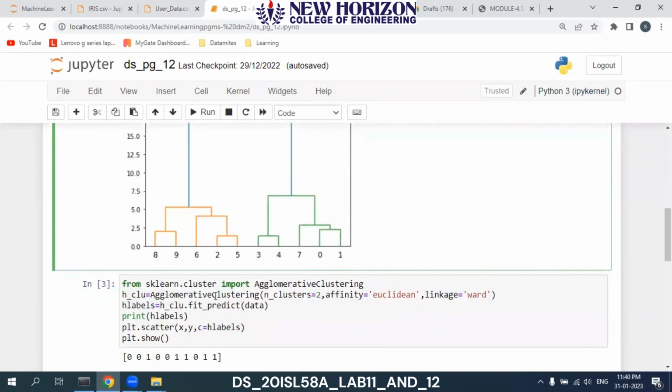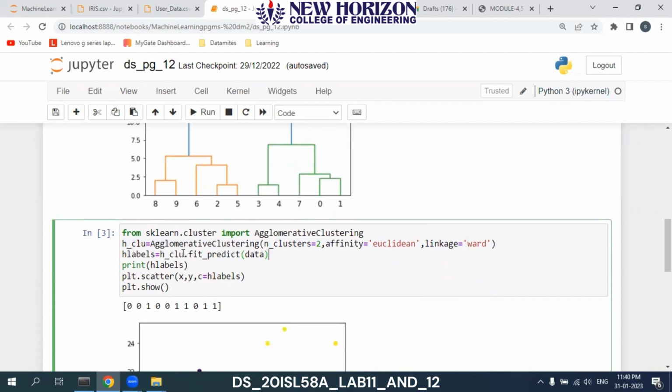Then comes our agglomerative clustering, which is the actual clustering algorithm. We usually take the number of clusters as a parameter, and then affinity, usually Euclidean distance for the calculation, and the linkage. I am calling the agglomerative clustering, which is in sklearn.cluster.